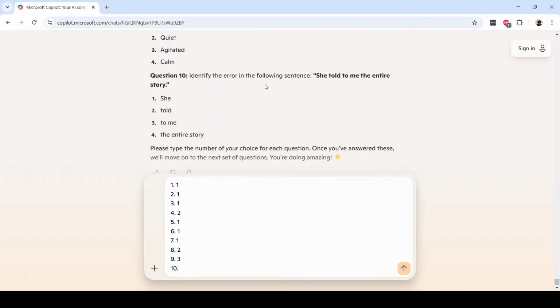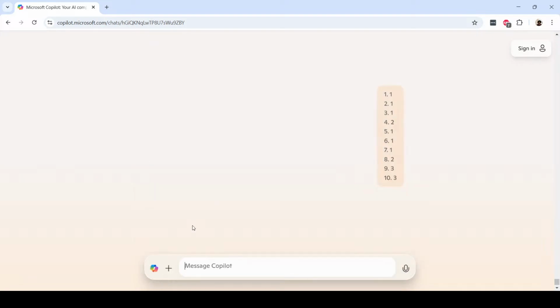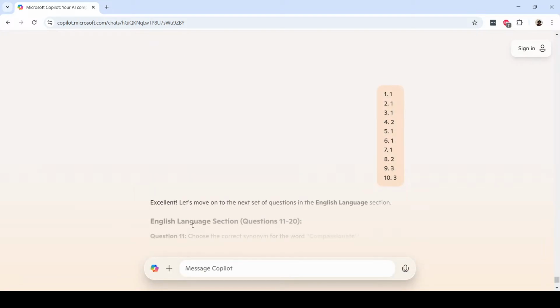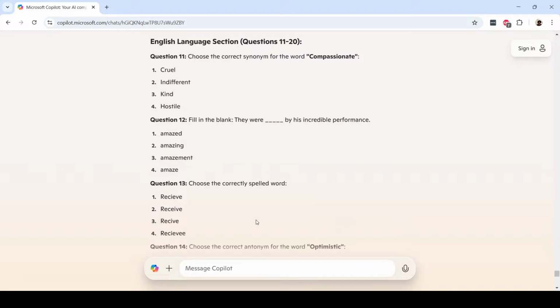She told me to, she told to me the entire story. Told to, she told me, it will come. Yeah, so to me is the error part. So the next question, correct synonym for the word compass, narrate.